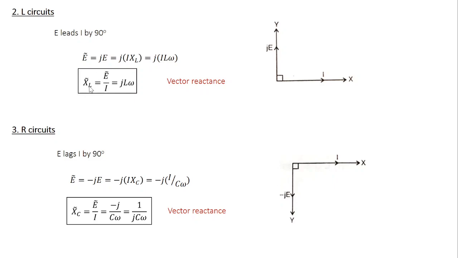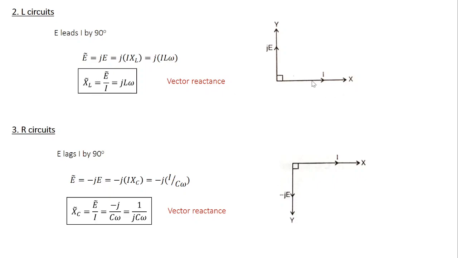Now, what is the vector reactance involved here? Vector reactance is nothing but the vector voltage divided by the current. Vector voltage is jIL omega divided by I, which is nothing but j into L omega. Now, how do you represent the phase relation?